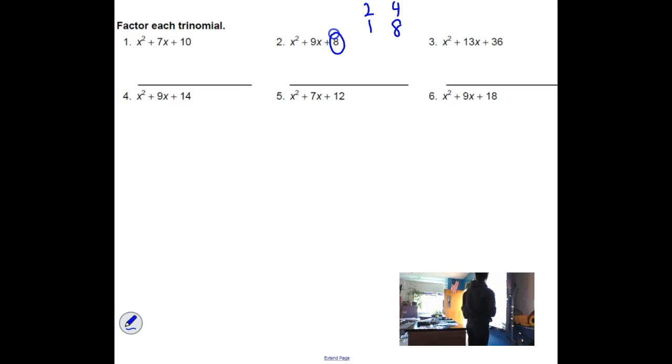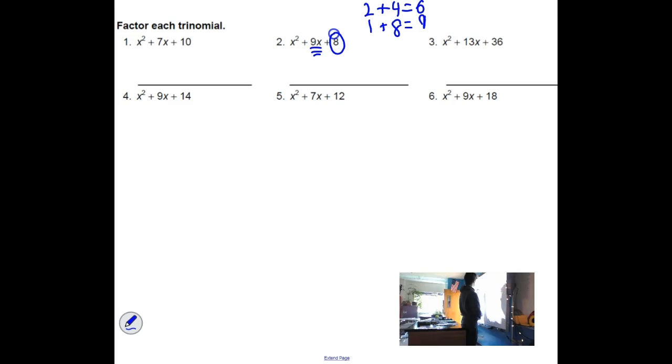I think those are the only factors that multiply together to equal 8. The next step is to look for which terms add together to equal 9. 2 plus 4 equals 6, not what we're looking for. 1 plus 8, however, equals 9.